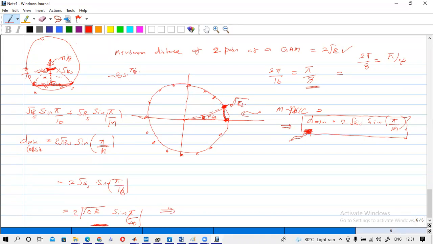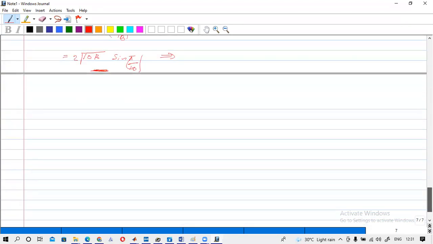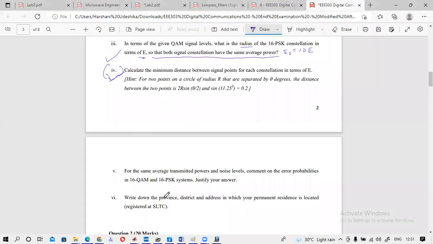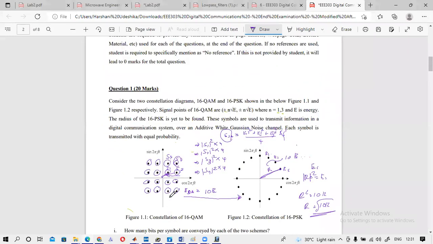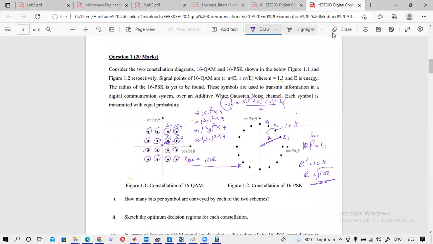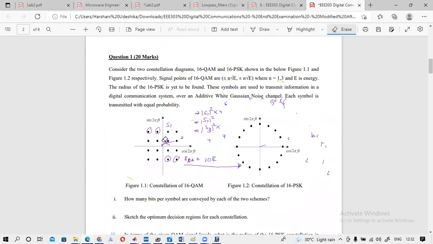Can someone find the value? Please tell me. Can anyone please calculate it quickly, using a calculator or MATLAB? Please tell me the answer.